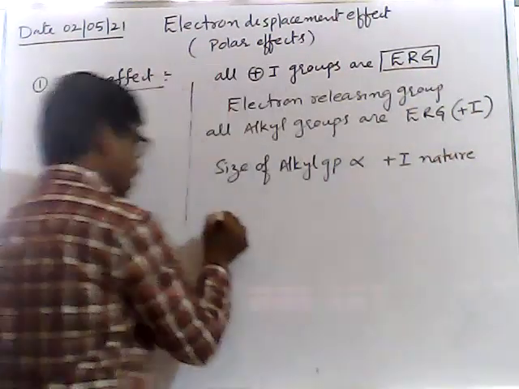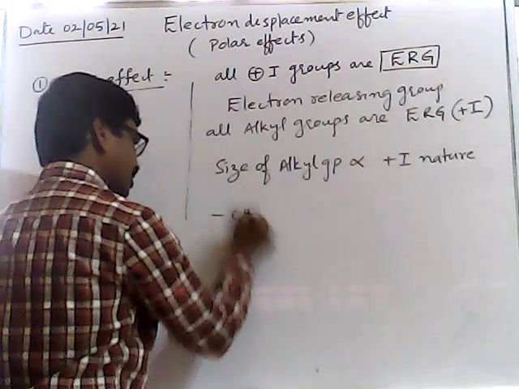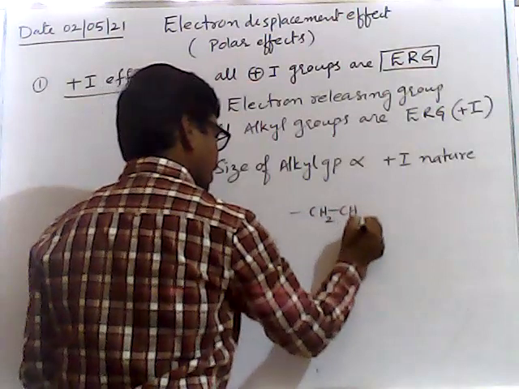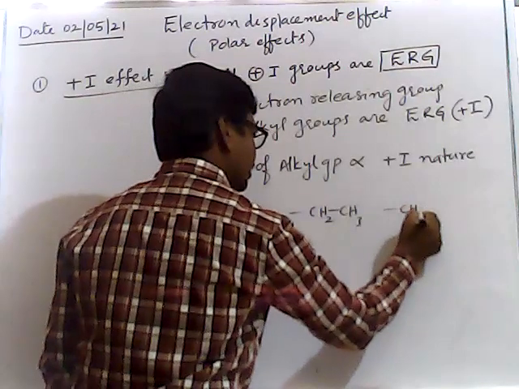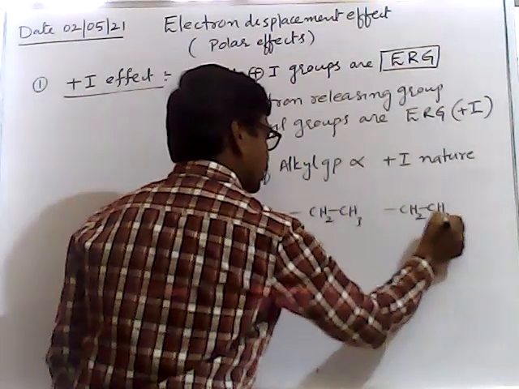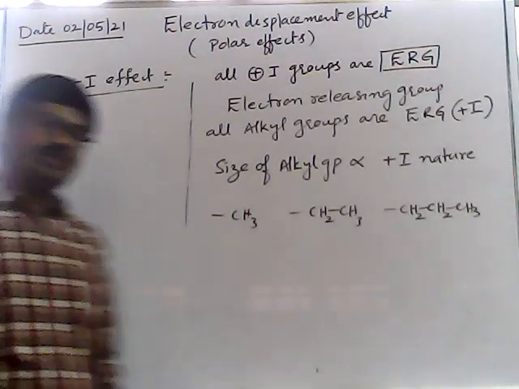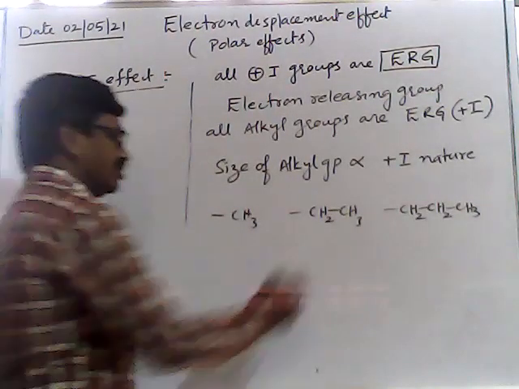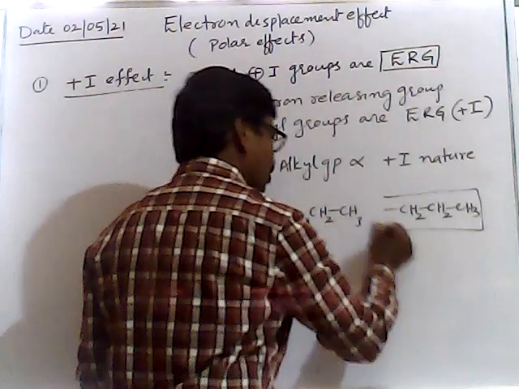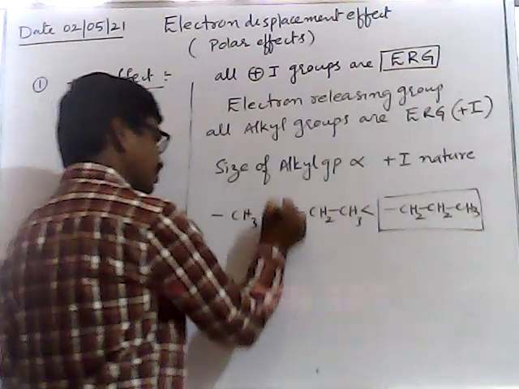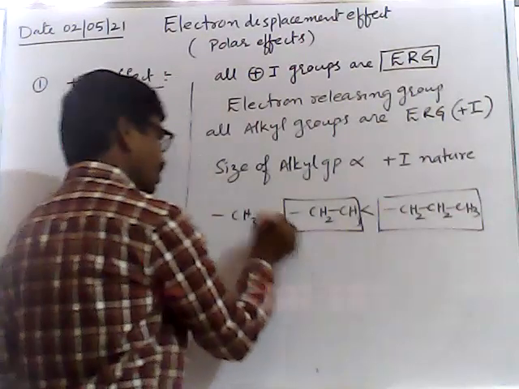For example, if you take methyl, then ethyl, then propyl, CH2, CH2, CH3. Among these three, which has more plus I effect? Propyl group has more plus I effect because its size is more. It has more plus I effect than ethyl group.